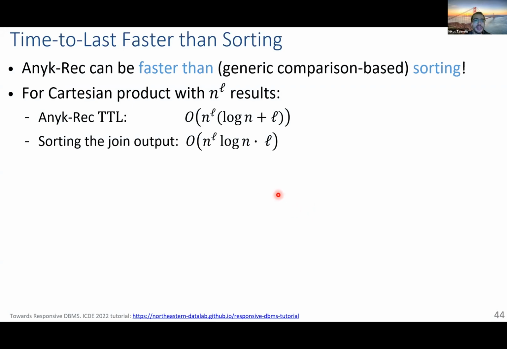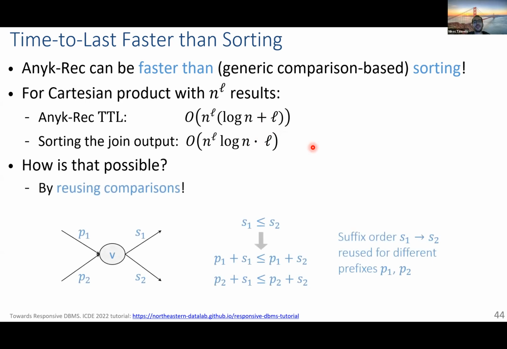For a Cartesian product, it's actually faster both than Anyk-Part and than generic sorting, because sorting here has this product, and for Anyk-Rec we can show this has a plus, so it's even asymptotically faster. And that's possible, as I also explained in the introduction, by reusing comparisons.